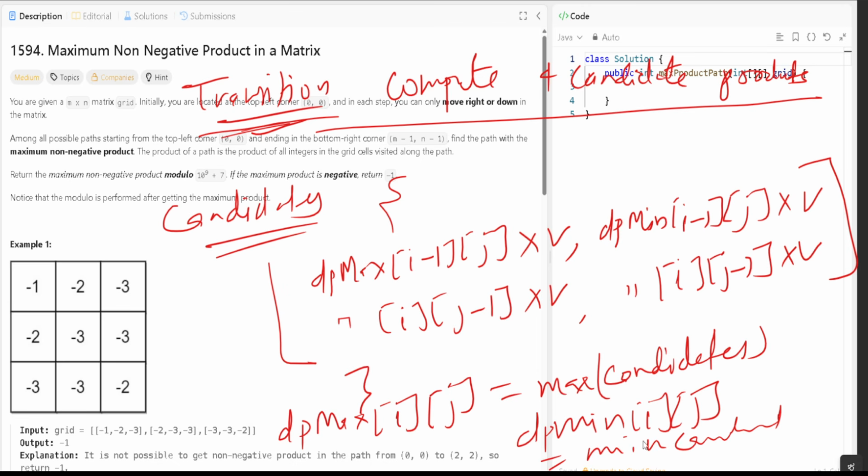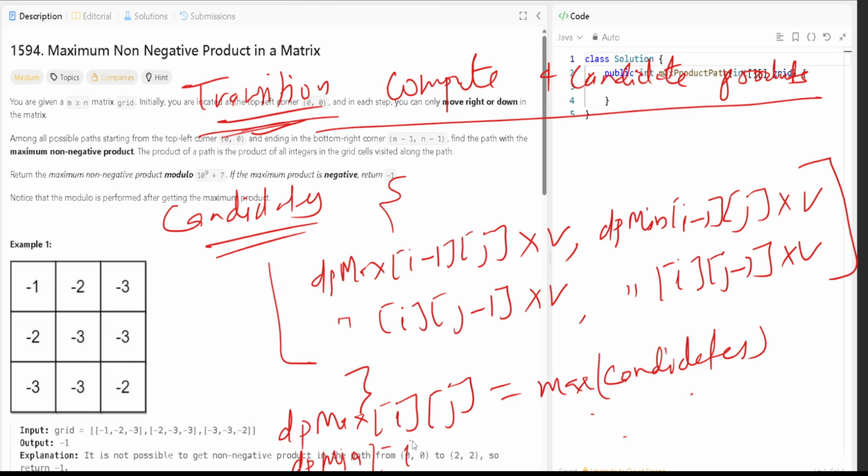So dp max will go here and dp min will go here, correct? Similarly, I have written at the wrong place. So if we say dp min at i and j, the current value will be the min of the candidates. Similarly, you will calculate dp min and dp max like this.